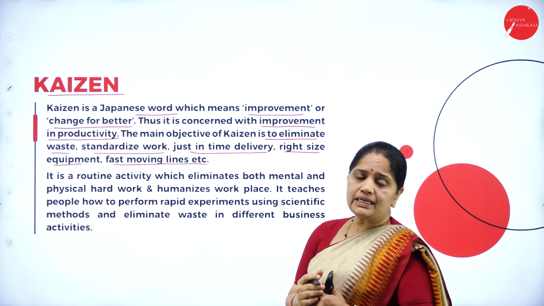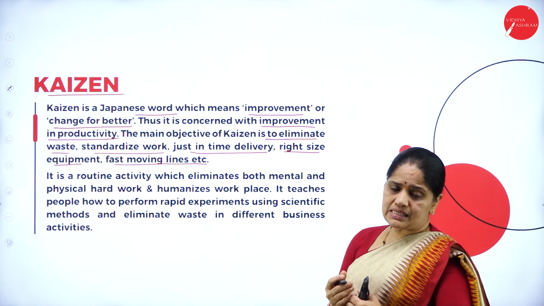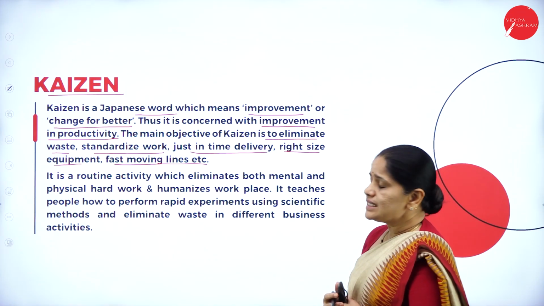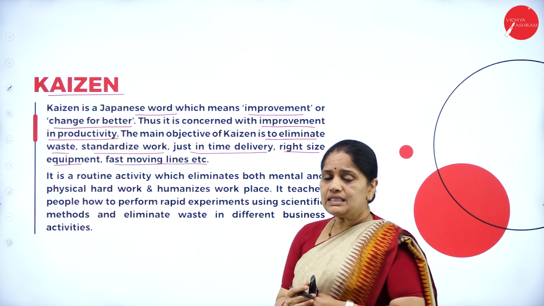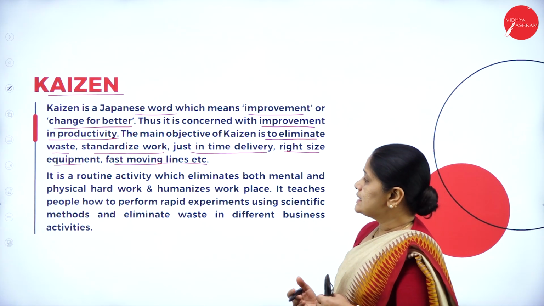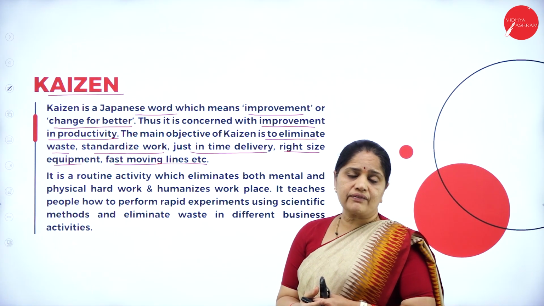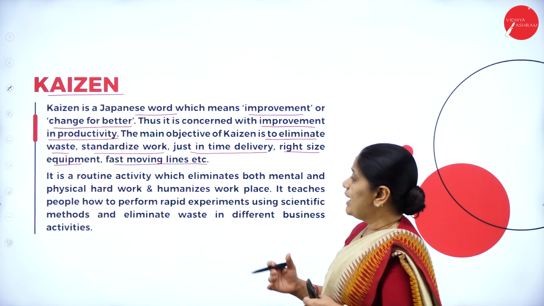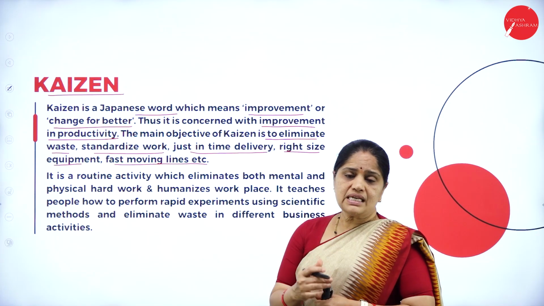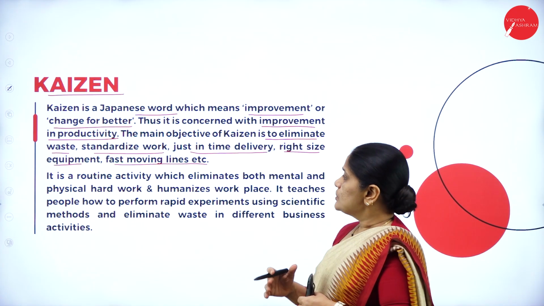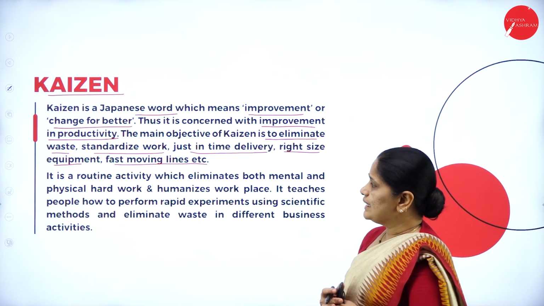So use standard tools, standard equipments and standard way of doing all the work. Then just in time delivery, that is, see that the materials are delivered just in time. Then right size equipment. So whatever equipments are used, they are of the right size. Then fast moving lines, that is, see that the line of production is fast moving. So all this will help in Kaizen.